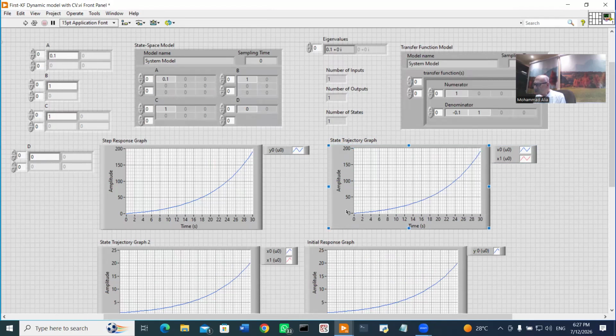This character shows you that the state increases every delta t. You add every delta t multiplied by the velocity, you get a new value, and you add these values from one step to another step. So at the end, you come to an unlimited value. This is the characteristic shape of an unstable dynamic system.